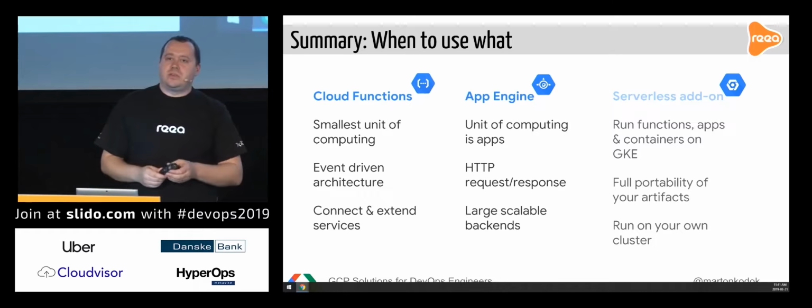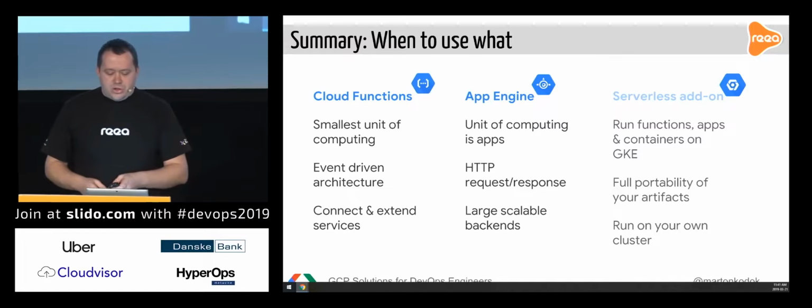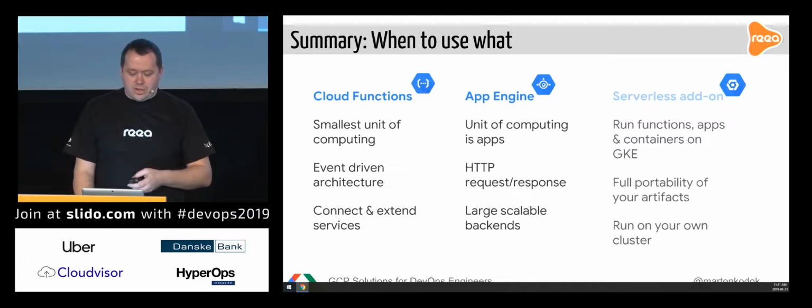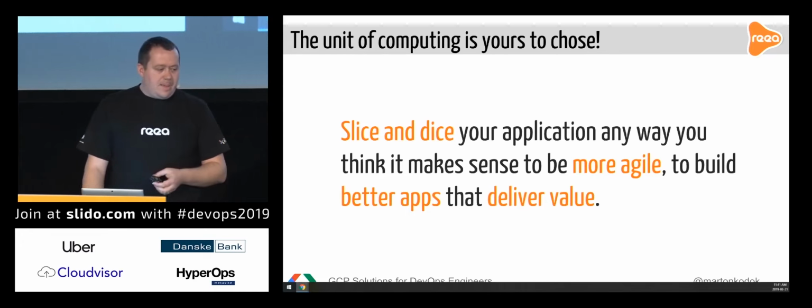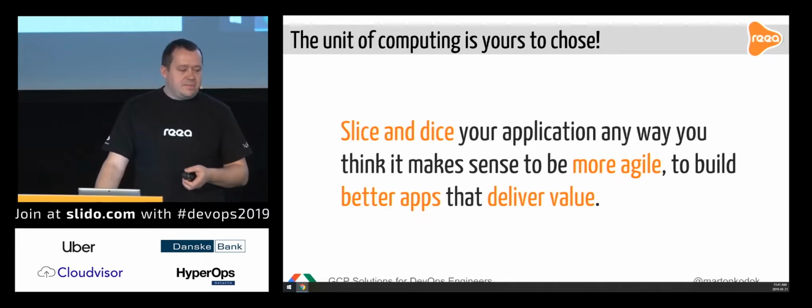There will be announcements at CloudNext. CloudNext is a conference in San Francisco, California, in about 3 weeks. There will be a bunch of announcements on this continuity for the Kubernetes platform. And as it sums up, it's a slice and dice, and it can add more agility to your application, better apps, and deliver value.